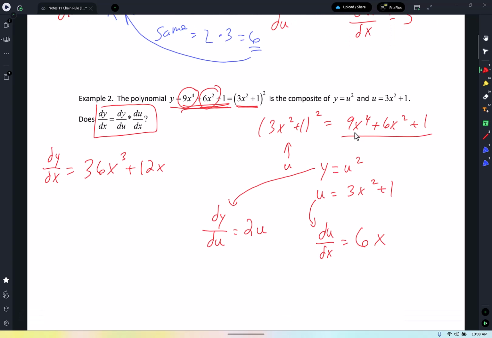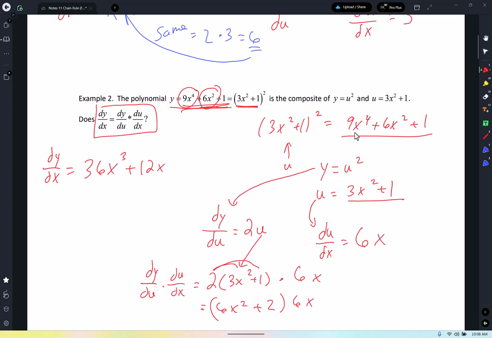Let's see. dy du times du dx equals 2, and instead of writing a u, I'm going to write it in terms of x: 3x squared plus 1, times 6x. Are we still okay, guys? I'm just doing algebra. 2 times 3x squared, 6x squared, 2 times 1, 2. And I still have to multiply that by 6x.